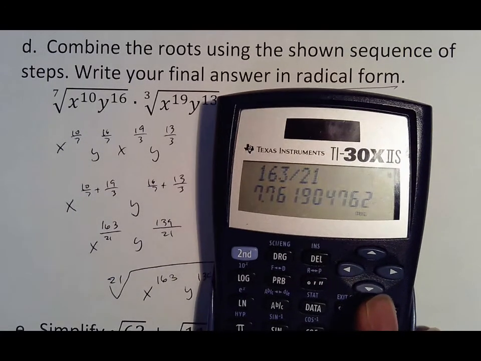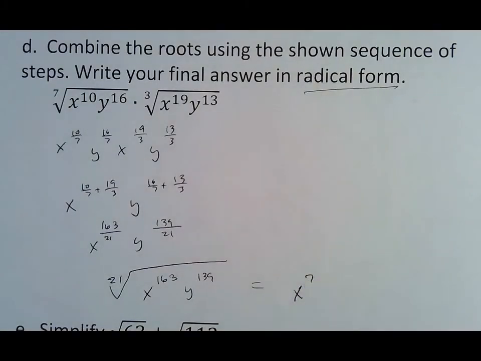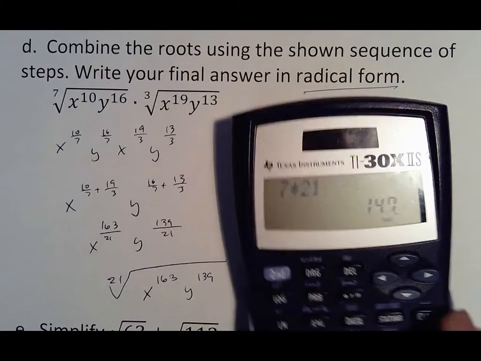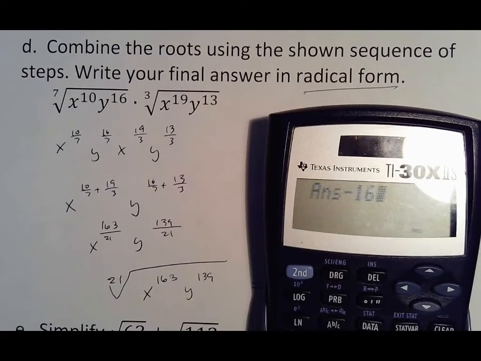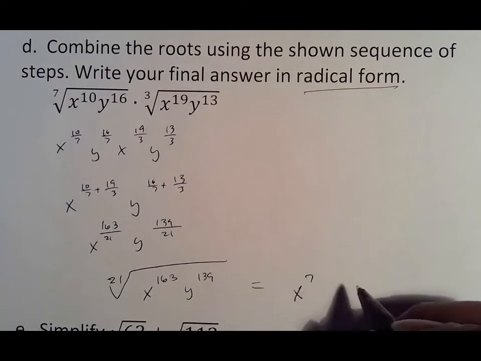It goes in 7 times. And let's see, 7 times 21 takes me up to 147, minus 163, which is 16 left over. So we'll get to that.